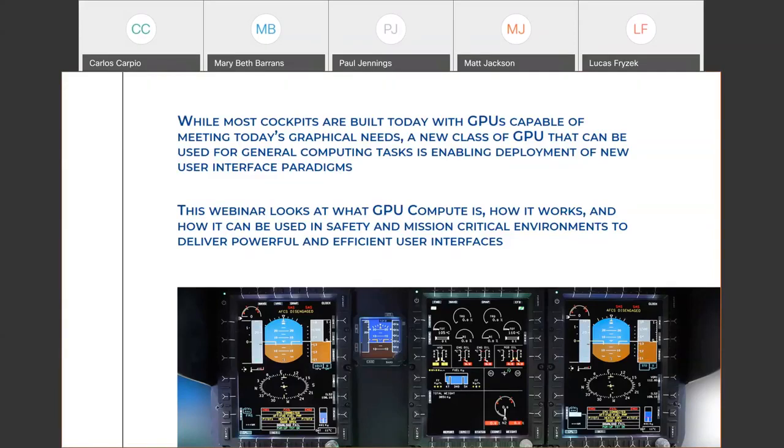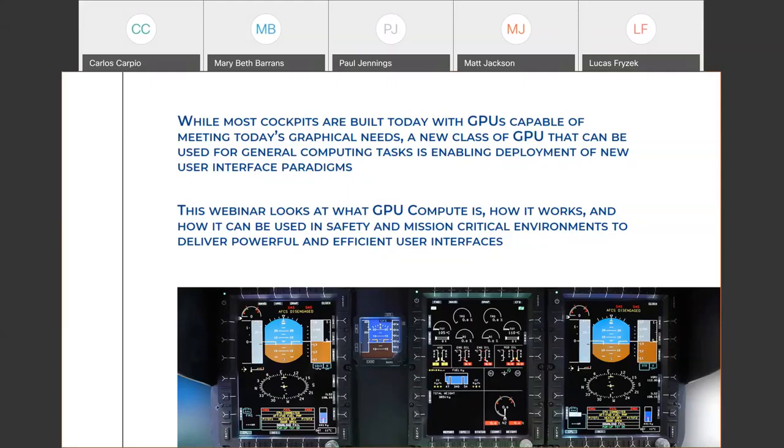All of that is basically overwhelming the CPUs and GPUs that are available in cockpits today. But there's a new class of GPU that allows for general computing solutions to be deployed. So it's basically general purpose GPUs. It allows general purpose computing using the capabilities of a GPU.